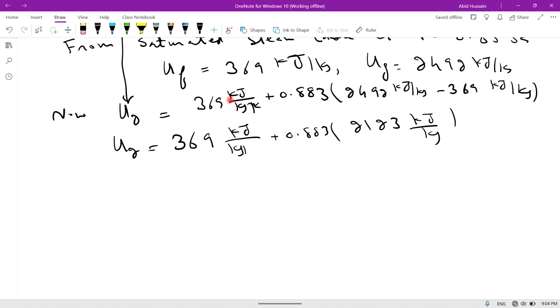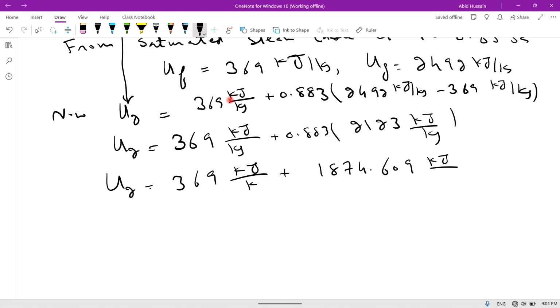Here there is no per Kelvin. So U2 is equal to 369 plus 0.883 multiplied by 2123. The answer will be 1874.609 kilojoule per kilogram.